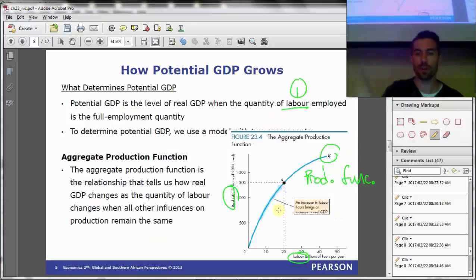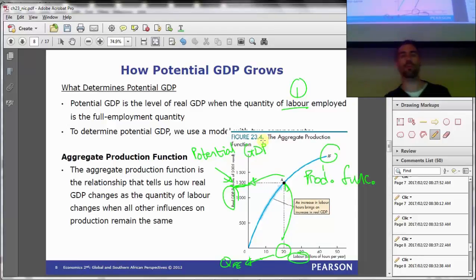If we go to our previous graph, there's 20 here. That is our quantity of labor at full employment, QFE. That is going to produce some level of output. And that level of output is what we call potential GDP. Everyone happy with that? Questions? No? Okay.